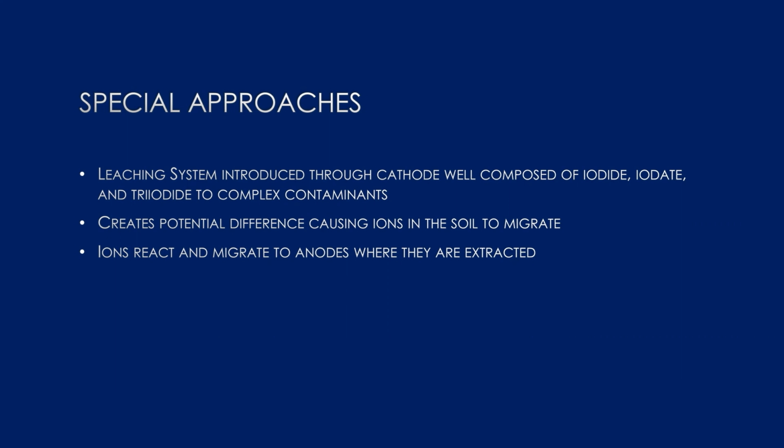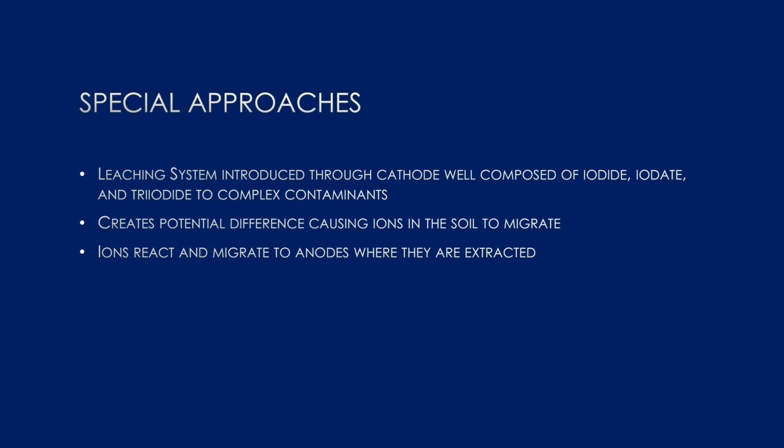One such method that has been studied is the use of a leaching system that is introduced into the soil through the cathode well. This leaching solution is comprised of iodide, iodate, and triiodide, and it is capable of complexing the contaminating compounds.